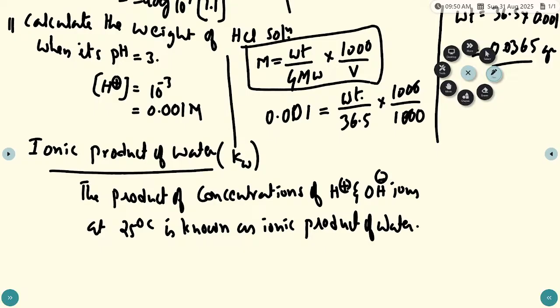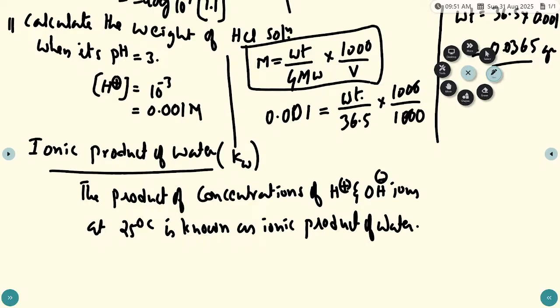What is Kw? The name itself tells us, product means multiplication. The product of the concentrations of H plus and OH minus ions in water at 25 degrees centigrade, that is at room temperature, is known as the ionic product of water.